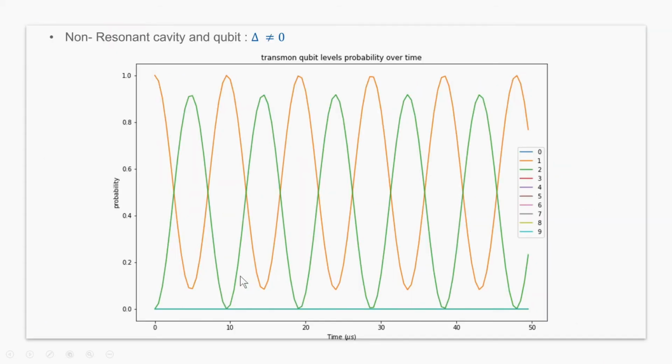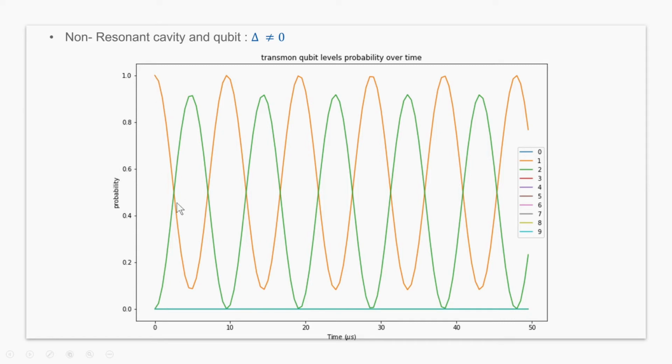One more thing that is interesting is what happens if the cavity frequency and the qubit frequency are not the same. That means there is a detuning, the difference between the two frequencies is not zero. Then we'll see that the excited state won't go completely to the ground state, and the same thing is true for the ground state as well.